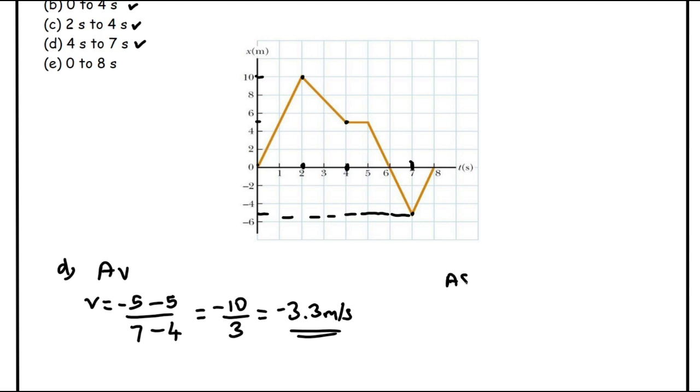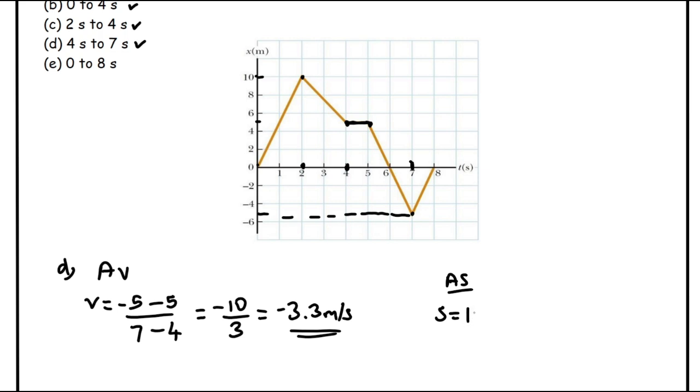Now, average speed. Average speed is the distance over the time interval. So, what distance does he move from 5 meters to -5? In the first part, he doesn't move any distance. But from 5 seconds to 7 seconds, he moves from 5 all the way to -5.